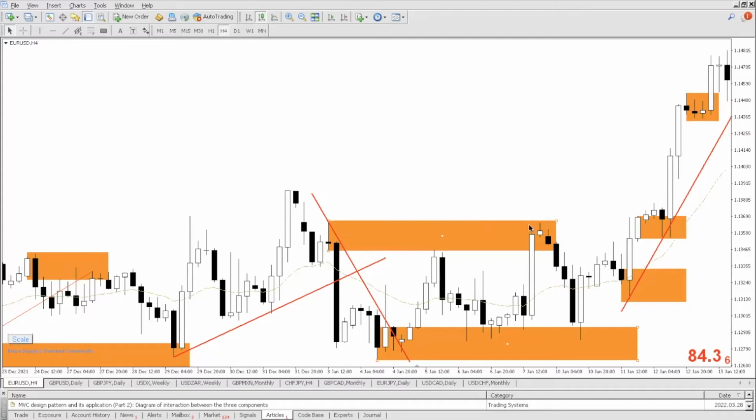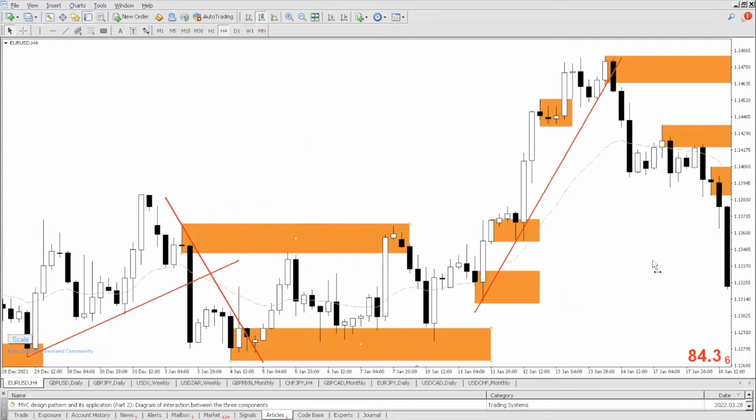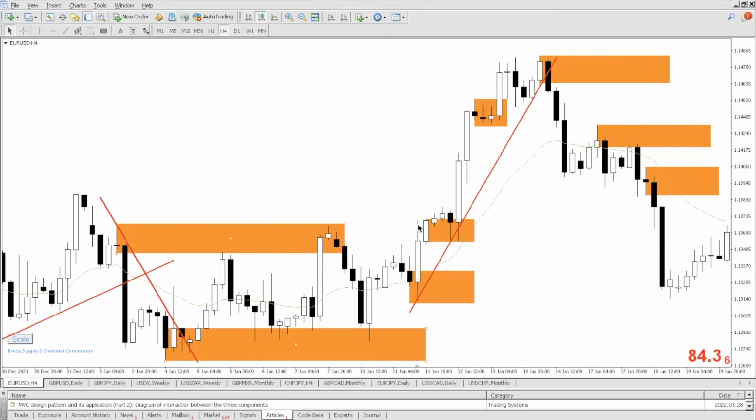It broke this resistance. Price will have to come down in future to test this area, because it was super straight and managed to break this resistance. It printed a pause, then went up again and crossed.